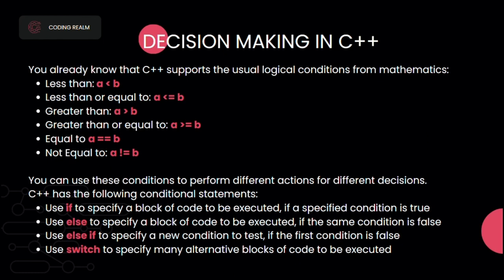And use switch to specify many alternative blocks of code to be executed. These are the conditions I need to use in writing a program to show if the condition is true or false. And now let's start with the if statement.